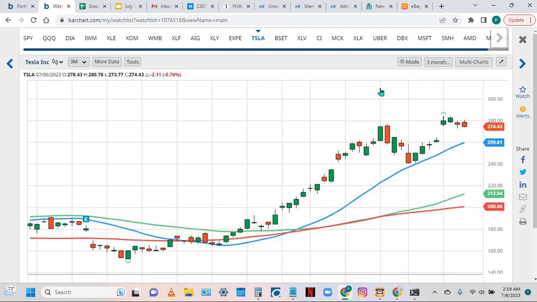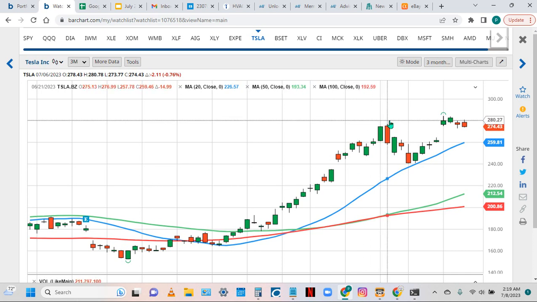Take a look at Tesla, showing some really strong price action in the last several months. Also showing some slowing momentum based on the size of these candles and the fact that they're far from the moving average.